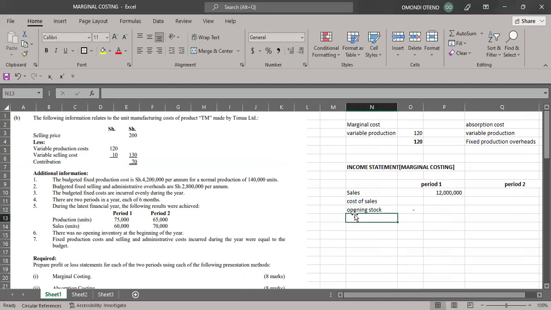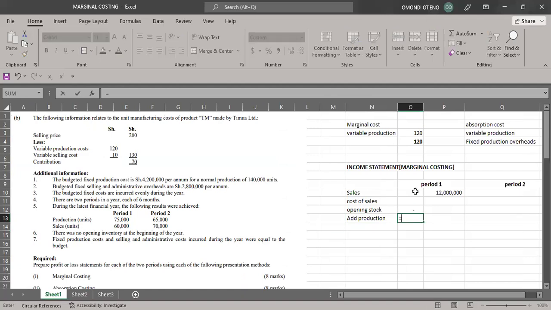To the opening stock, we need to add production. So how many units were produced? Under period one, production is 75,000 units. Now, this 75,000 units, what was the production cost per unit?